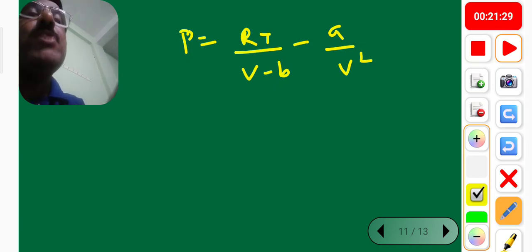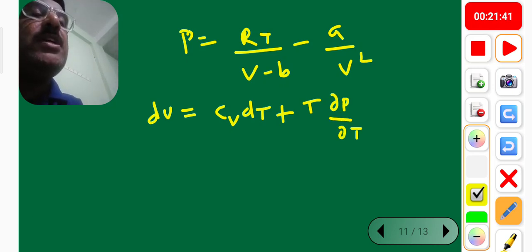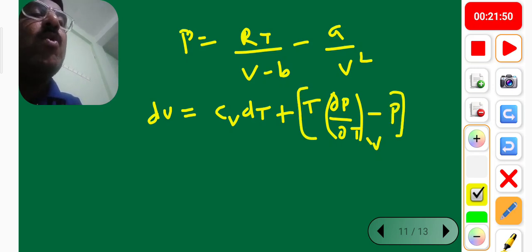And what is our equation du? du is equal to Cv into dT plus T into ∂P/∂T at constant volume, minus P, whole into dV.